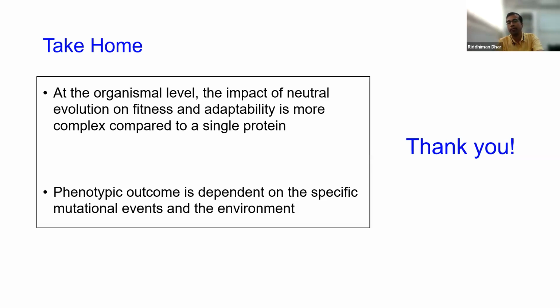So 10 rounds is how many generations? I'm not saying generations because it's extremely difficult, because in the stress environment, depending on the condition, the number of generations is different. Correct, but roughly speaking? Roughly maybe 100 generations. So that will be a bit on the lower side, right? Well, given that we are dealing with microbes.